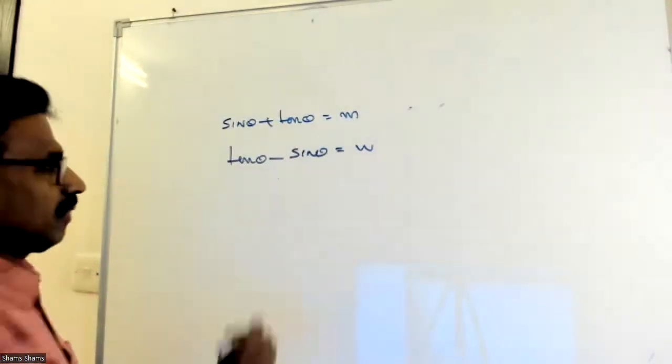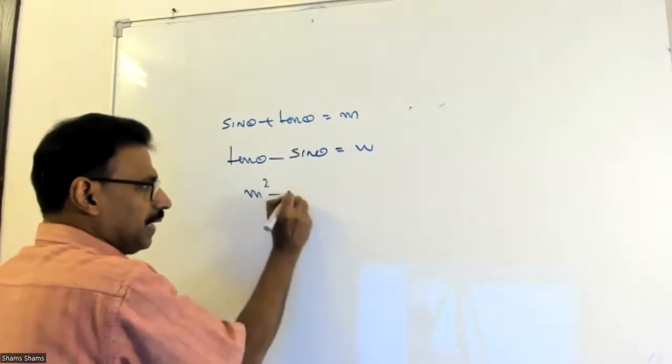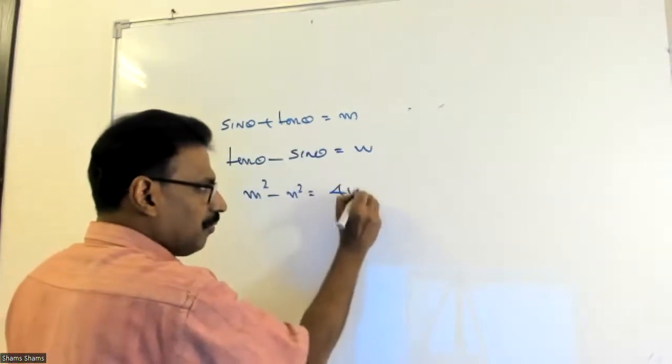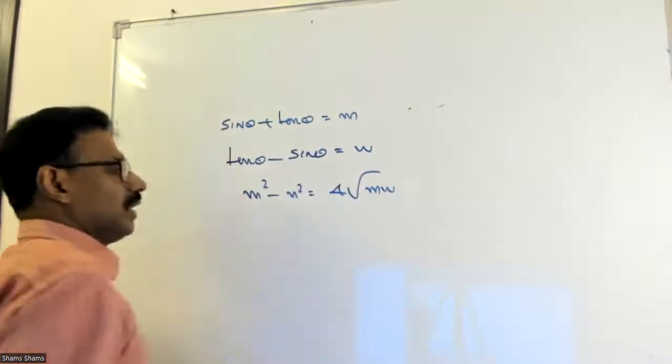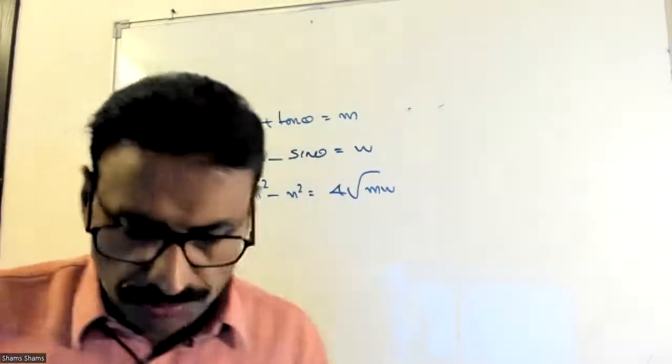Show that m square minus n square equal to 4 root of mn.